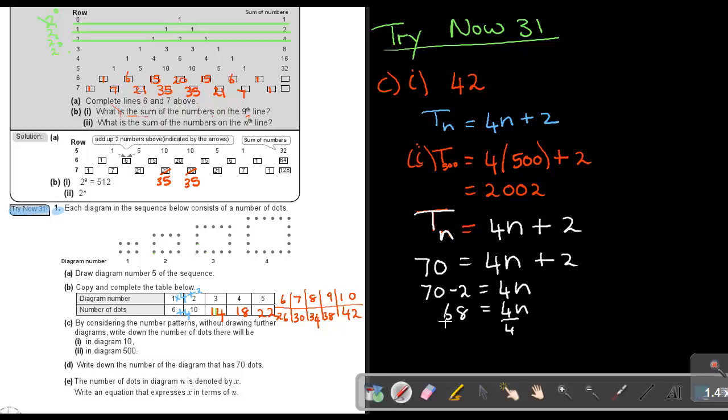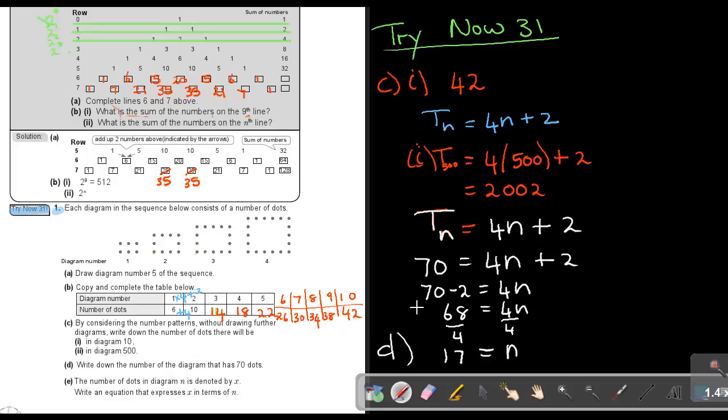Then I divide by 4 on both sides. Just press on your calculator: 68 divided by 4 gives you 17. So the number of the diagram that has 70 dots is 17. The value of D is 17.